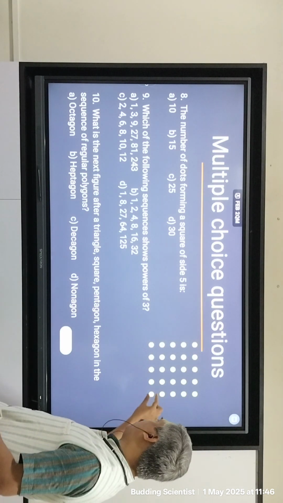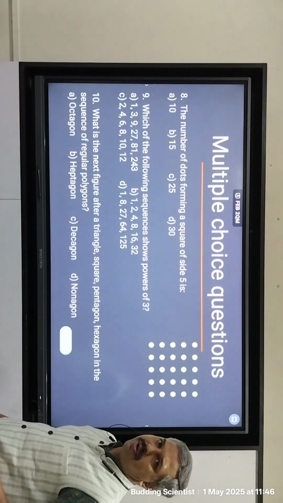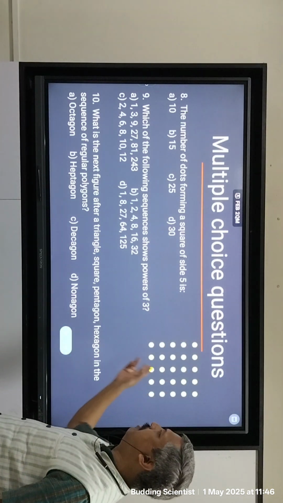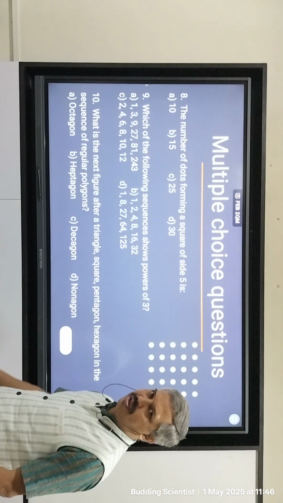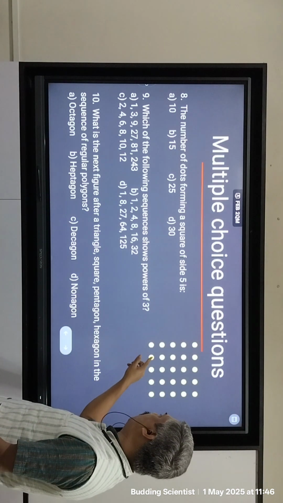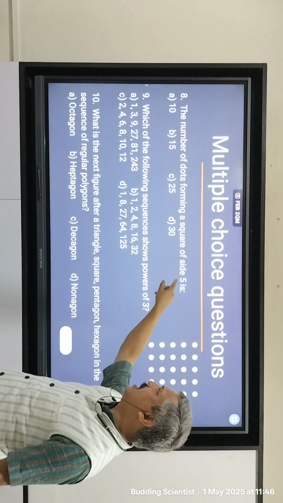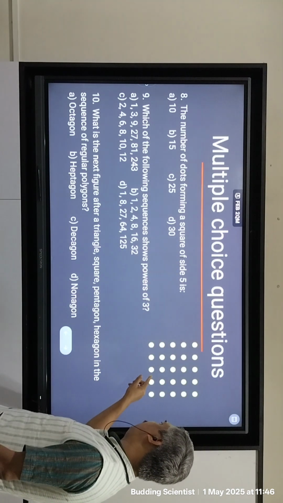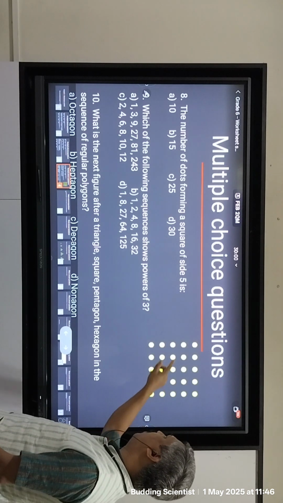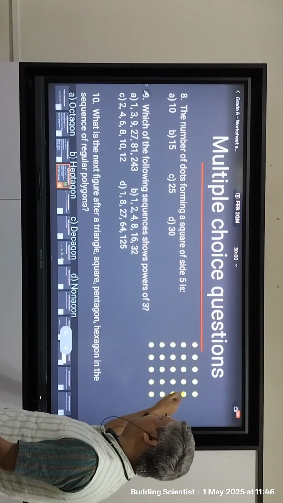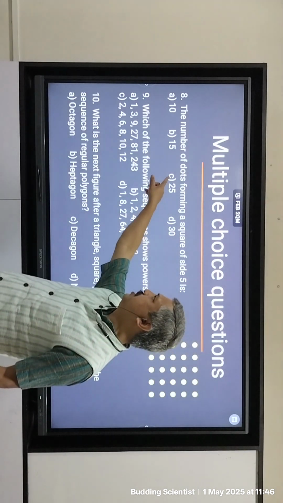So along the row and along the column, an equal number of dots are there. This kind of arrangement will result in a square formation. And how many dots are there? 1, 2, 3, 4, 5. So each side has 5 dots. 5 rows of 5 dots. Total is 25. So the answer will be C, 25.